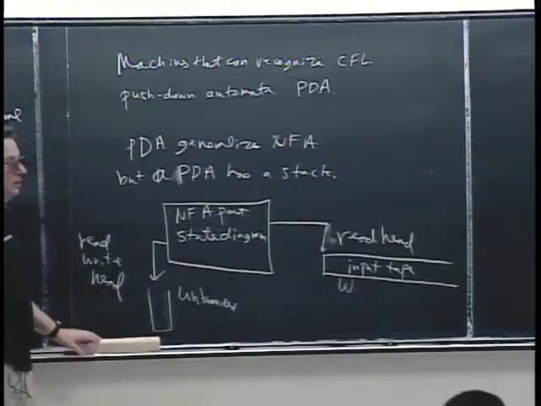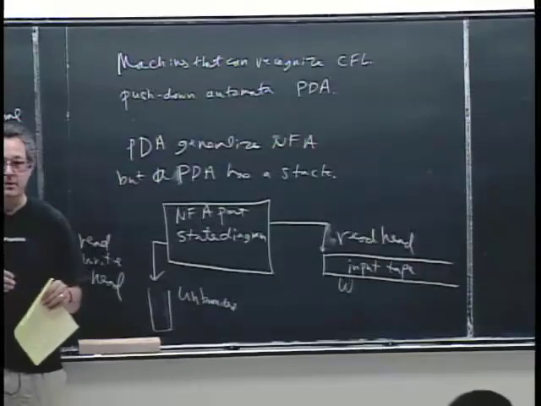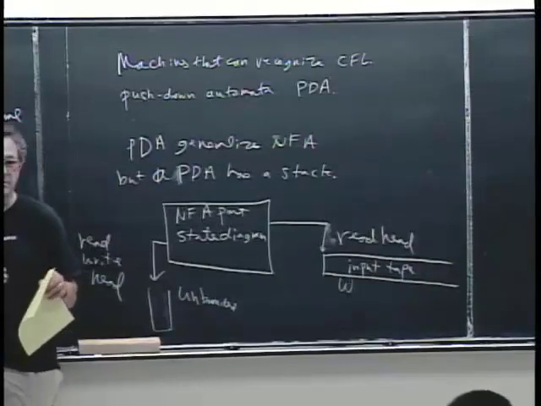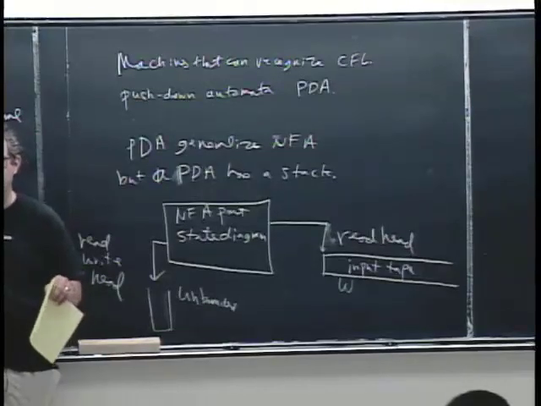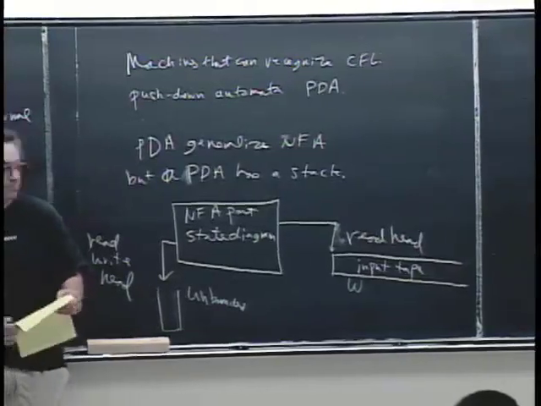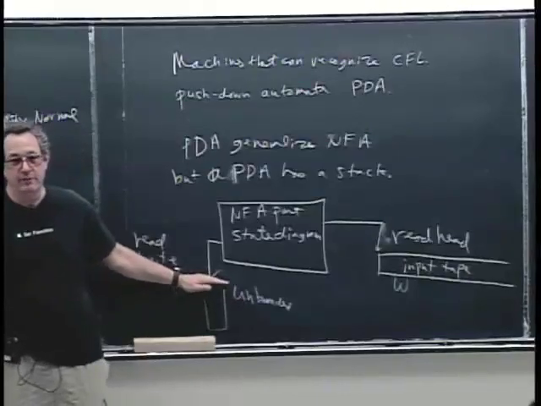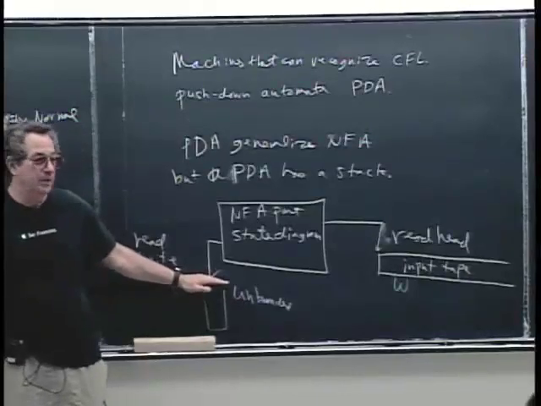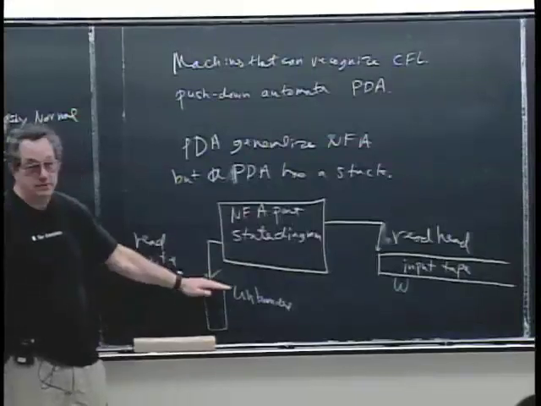The word unbounded, by the way, is different than the word infinite. Infinity goes on forever. Unbounded just means there's no a priori bound on how far it goes.